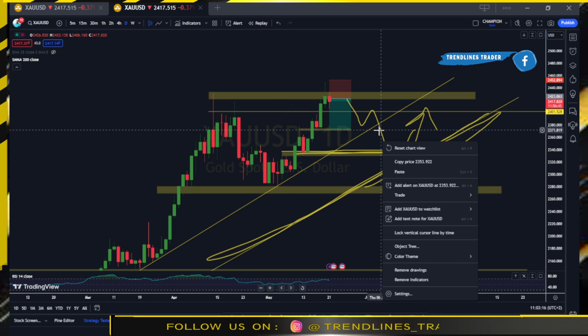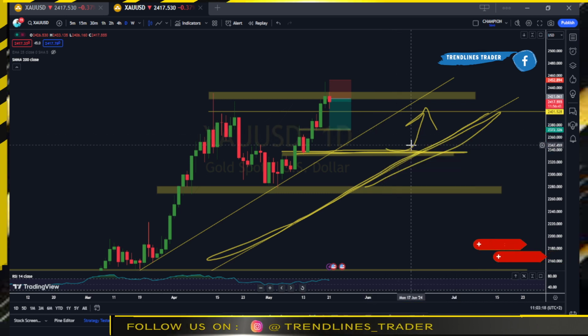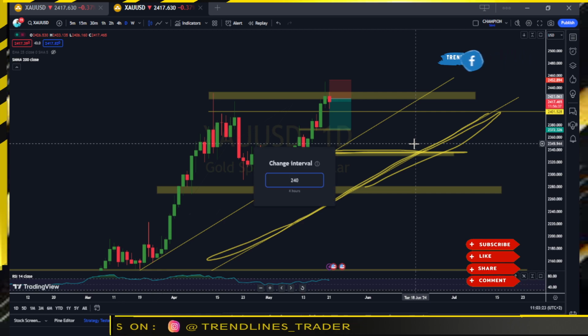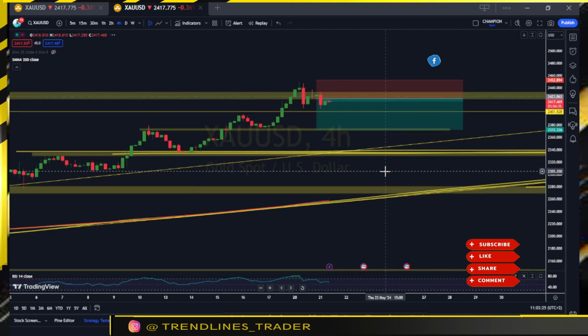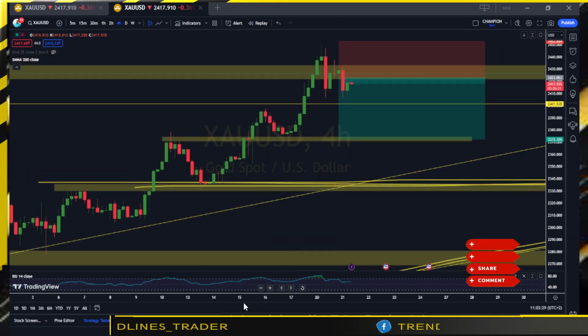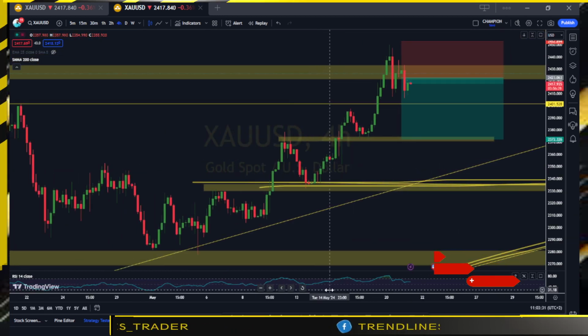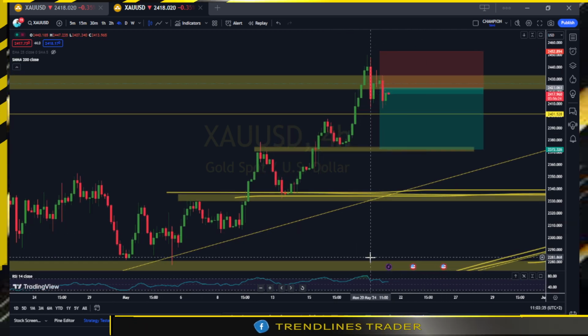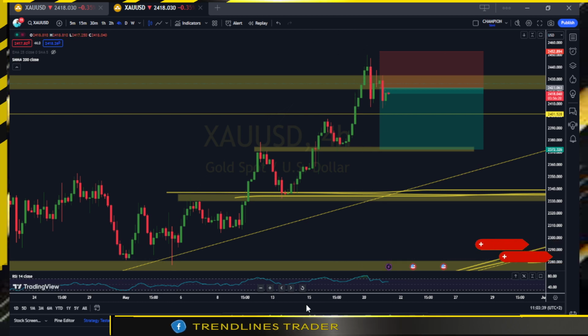Let's push towards the 4-hourly time frame. Ladies and gentlemen, on our 4-hourly time frame, this is what we might witness. You can see that the price is following my prediction, my selling positions there, as you can see.